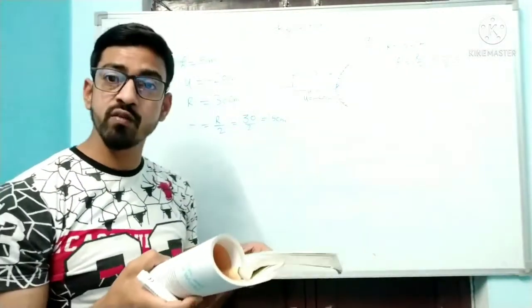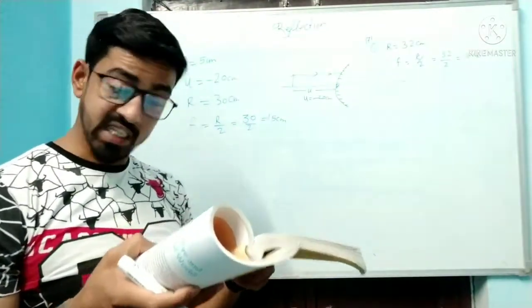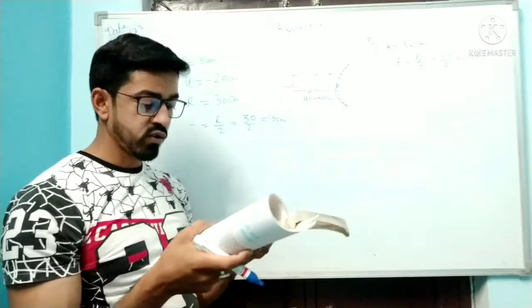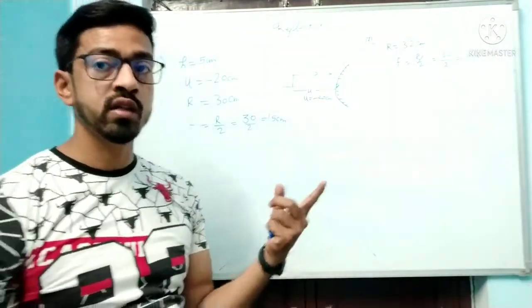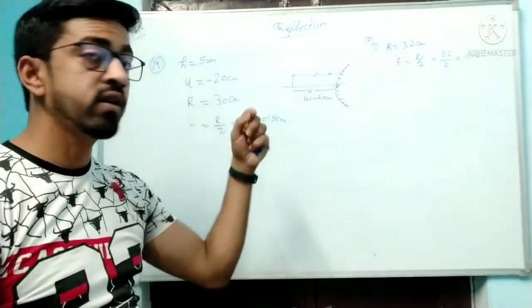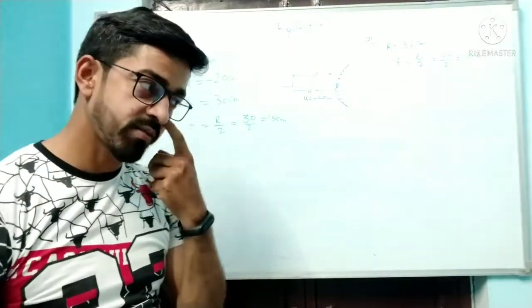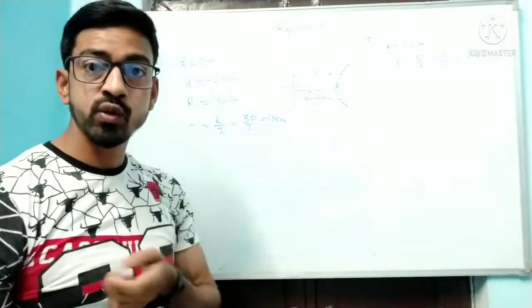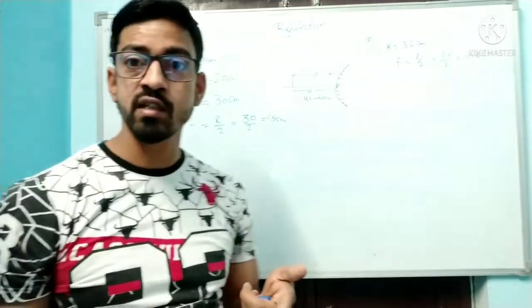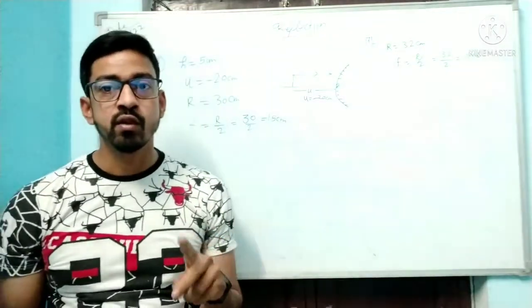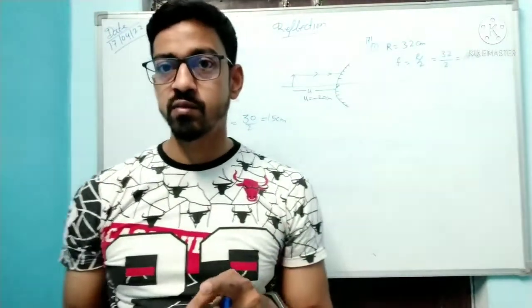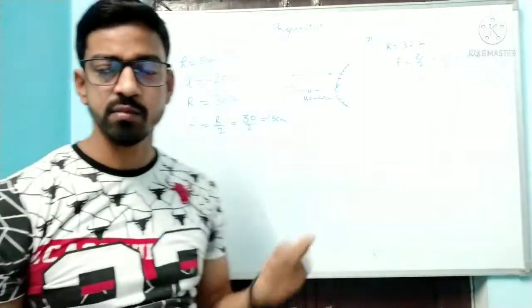Now complete the question first. Find the position of the image and its nature and size. So here it is not given to draw the ray diagram, but always in your question paper, whether you are a student of this session, so your paper is divided into term first and term second. So I think this chapter is not there.